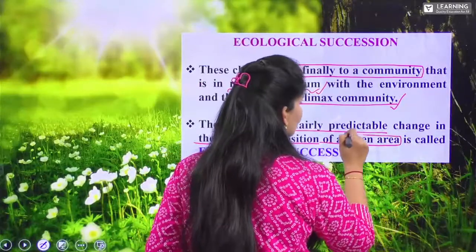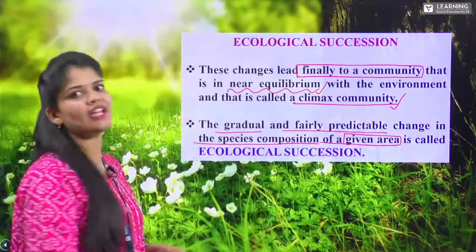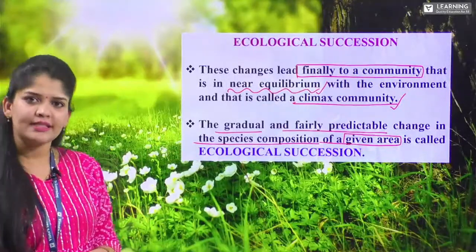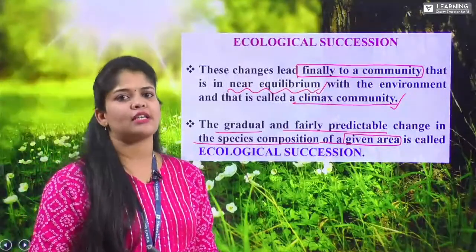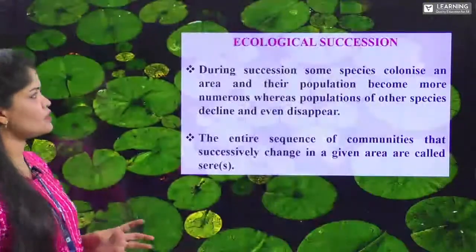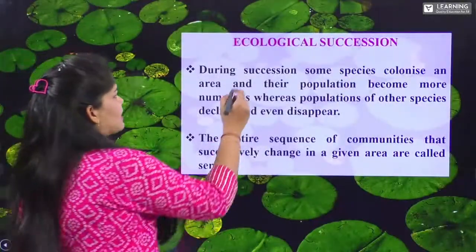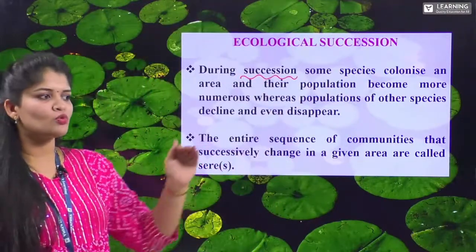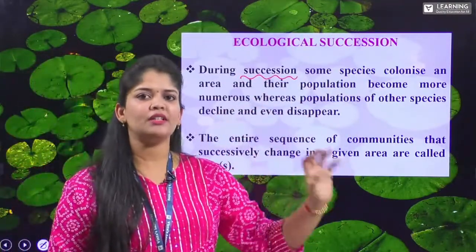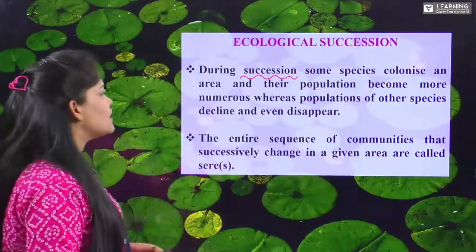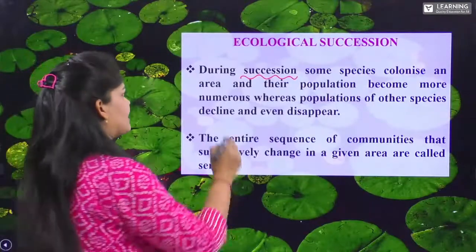This is important: we are taking a given area into consideration, and that is called ecological succession. Here, during succession, there are changes to reach a fairly stable, nearly equilibrium community, and that is called the climax community.